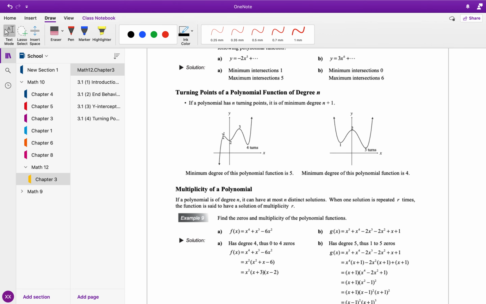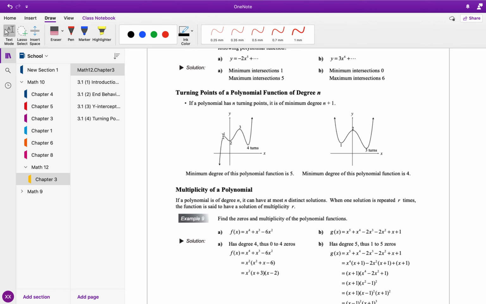So now, for example, let's take a look at a polynomial of the minimum degree. This degree is 5.